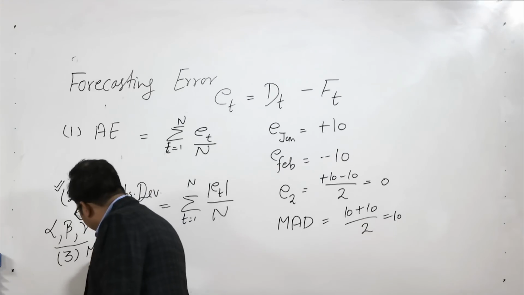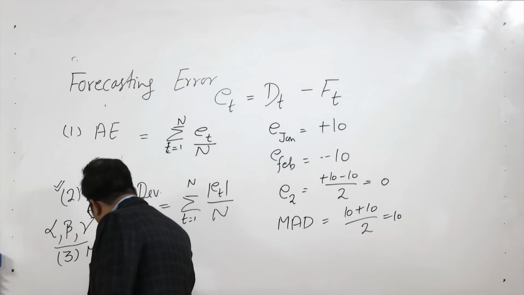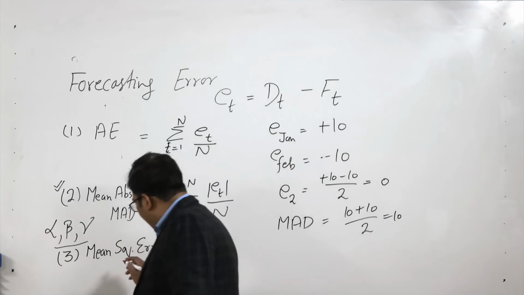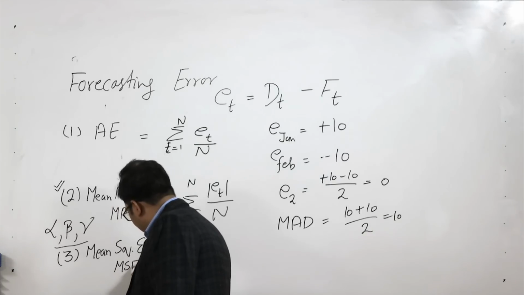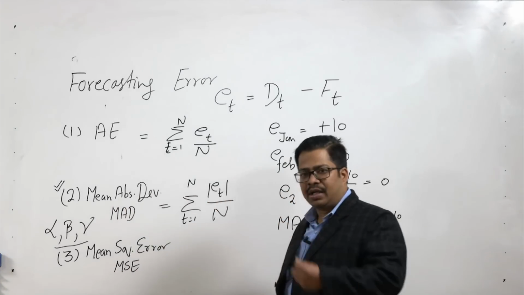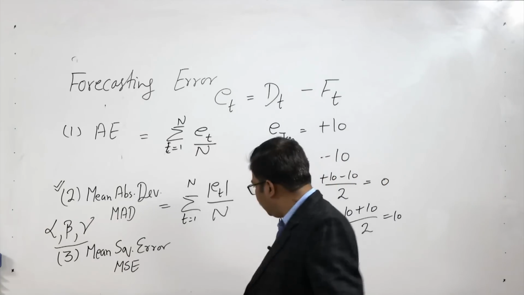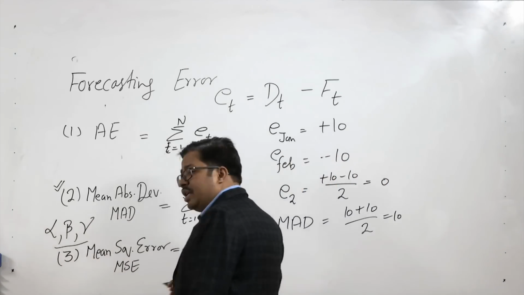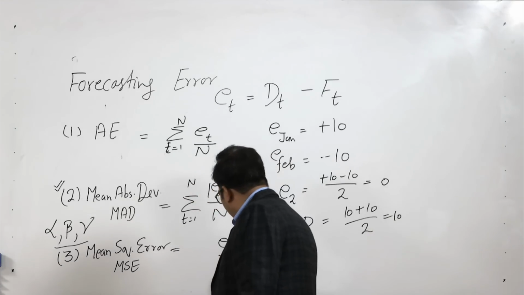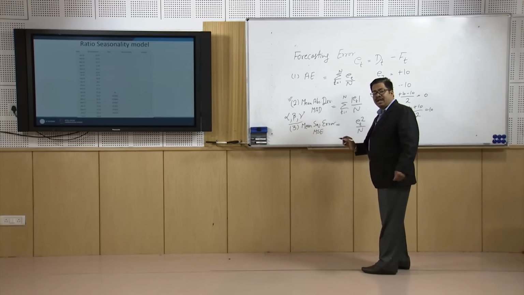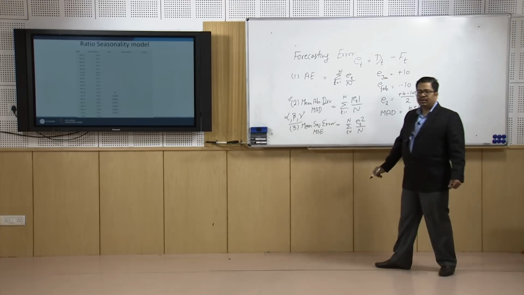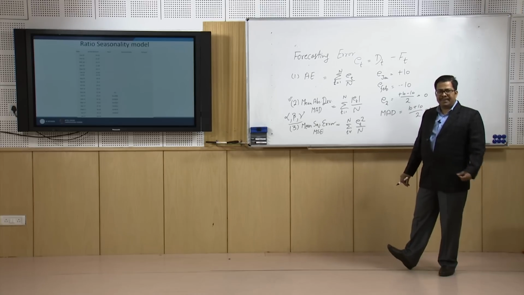Then there is one more measure of forecasting error available to us, that is mean squared error, abbreviated as MSE. In mean squared error, you take the square of forecasting errors and then you take the average of those squares.